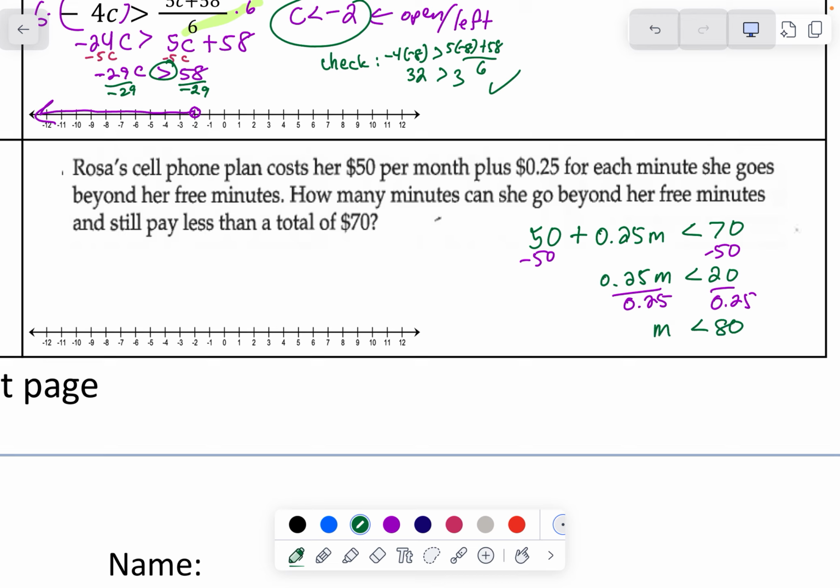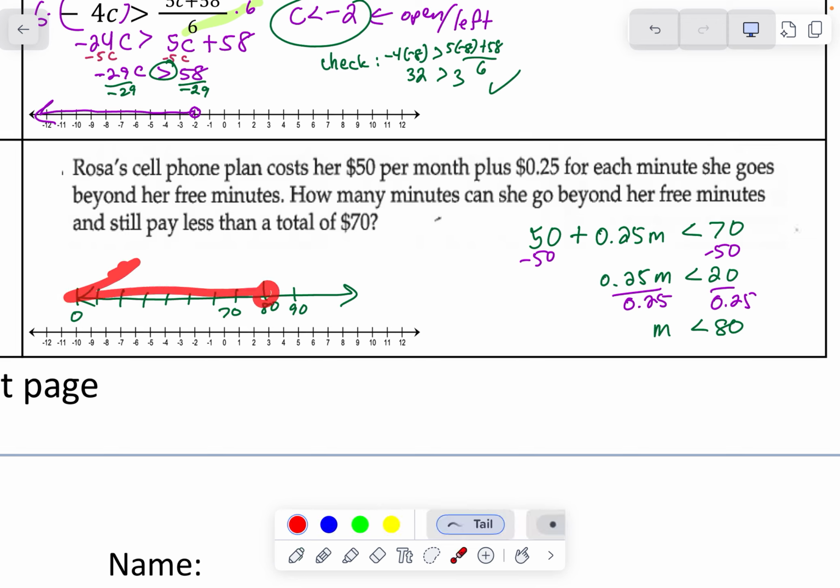Now, there's not 80 on the graph paper, so let's just make graph paper over here that kind of matches. Let's just count by tens. In real life, technically, if you were to put on your paper an open circle and then shade to the left, that matches the inequality we got.